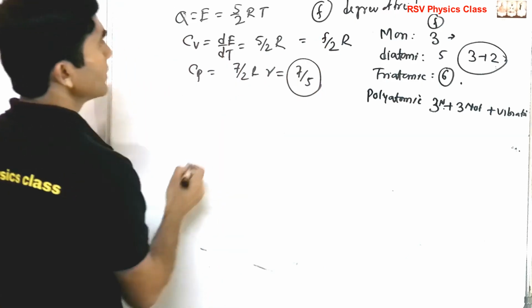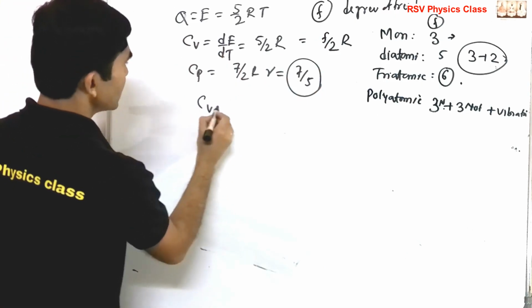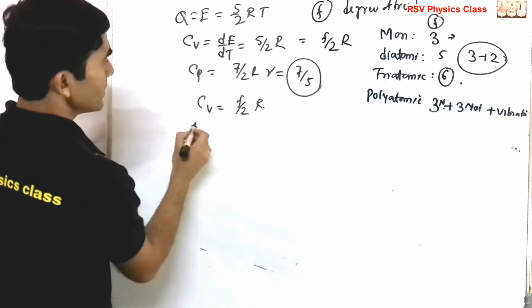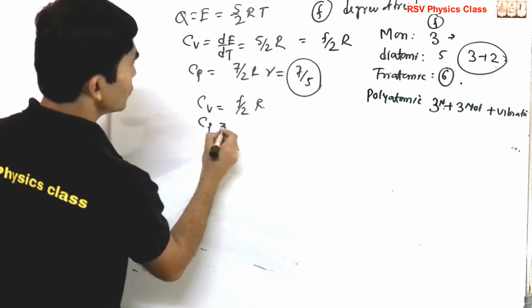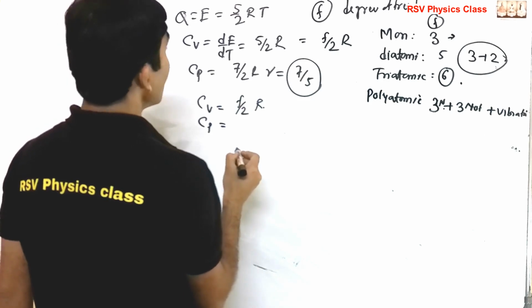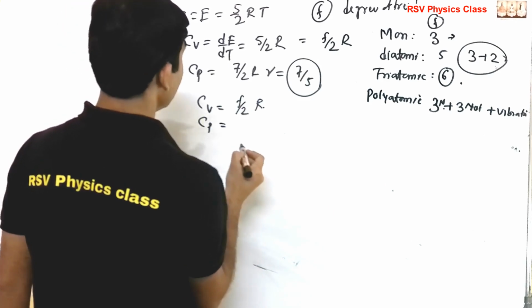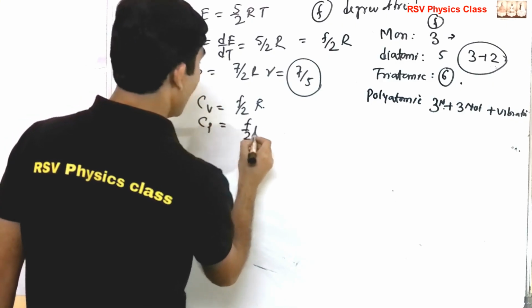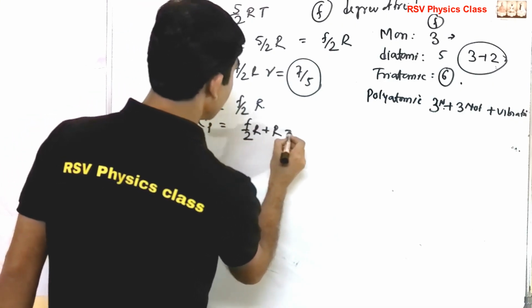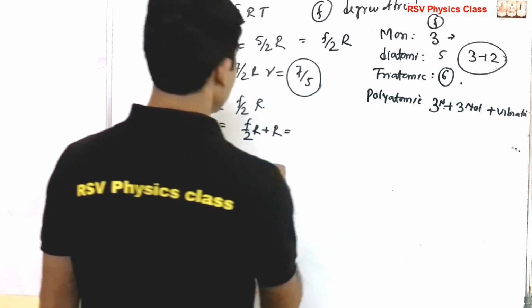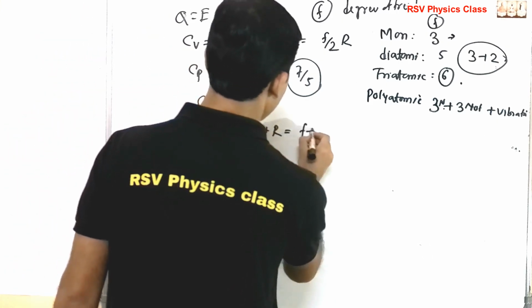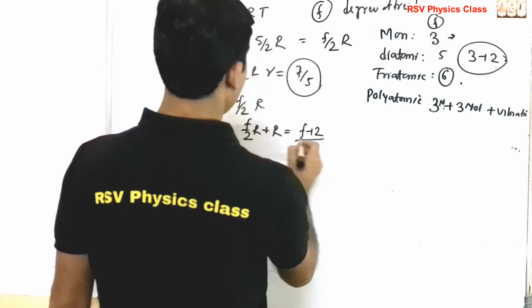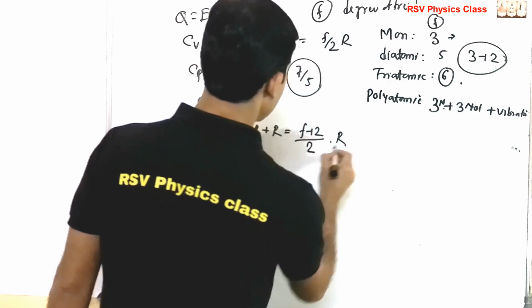Here F is 5, and Cv equal to F by 2 R, and Cp equal to F by 2 R plus R. So how much is that? It is F plus 2 by 2 into R.